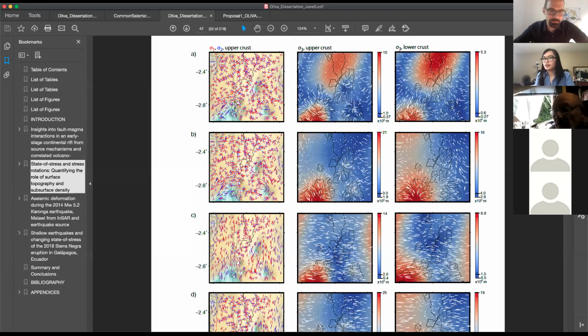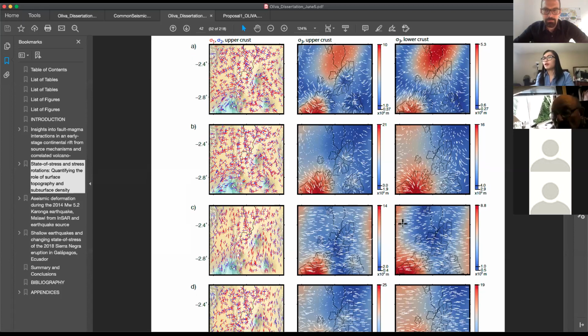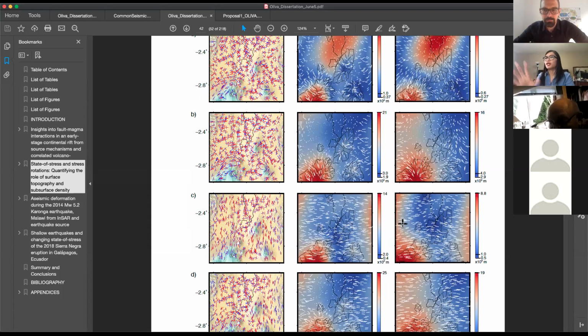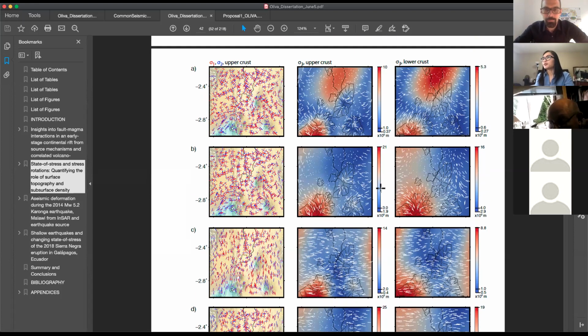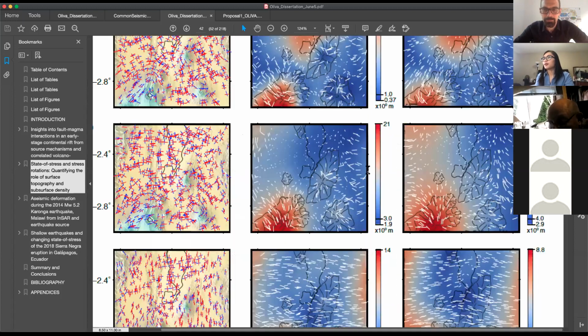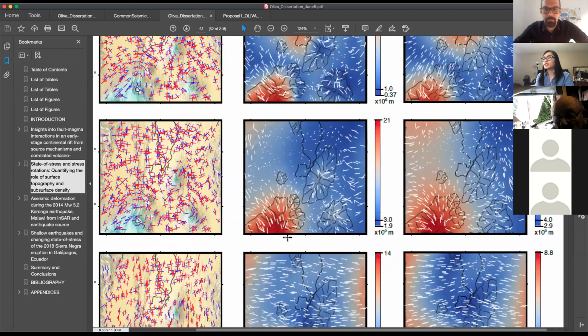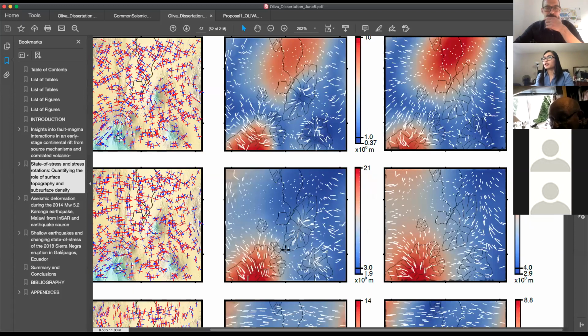It looks good. Yeah, so this is the map view, but it's usually a lot to take in without a lot of time to look at it. But here you can see that in this area, there's this rotation. Ignore the right part, the second column is the lower crust, but this is the upper crust.